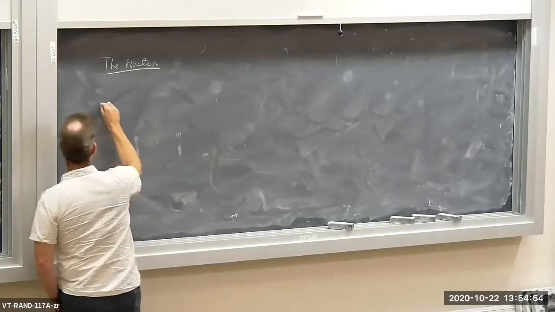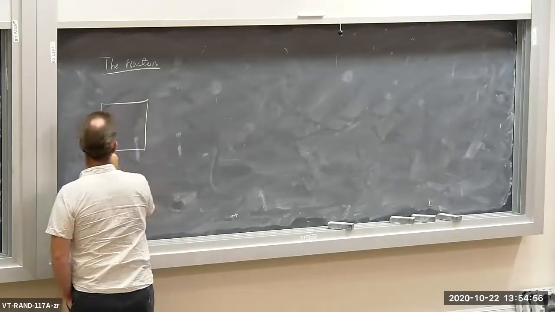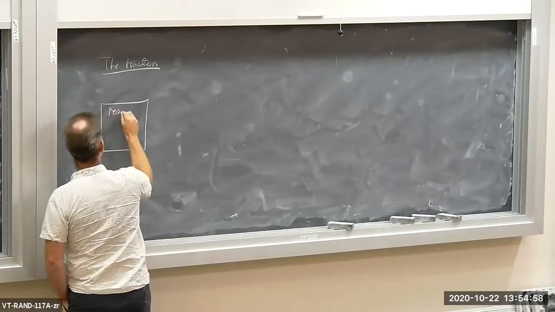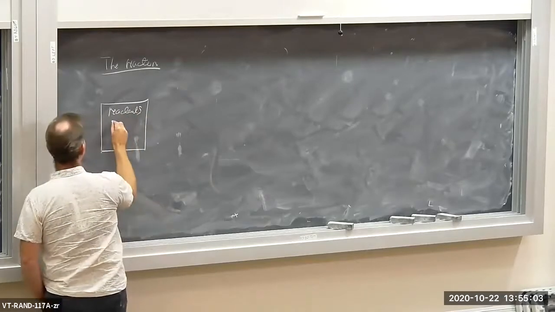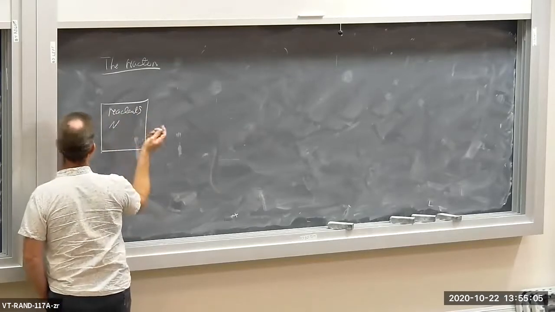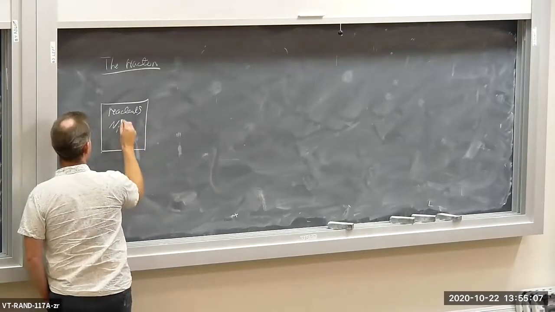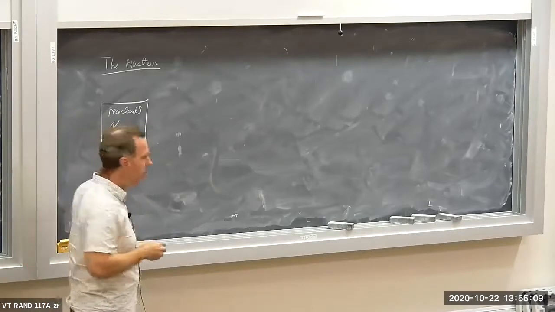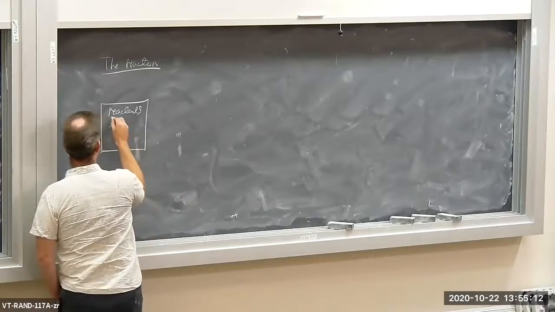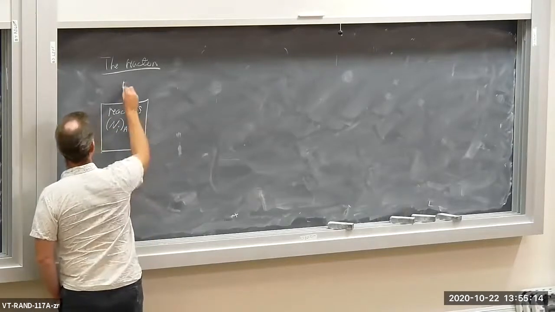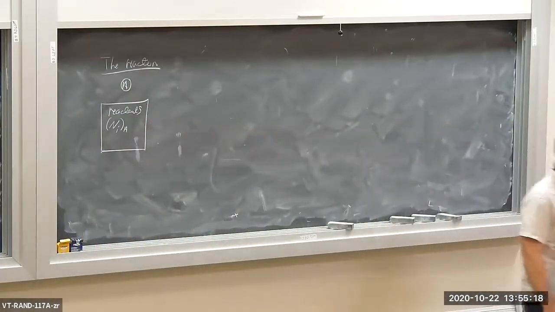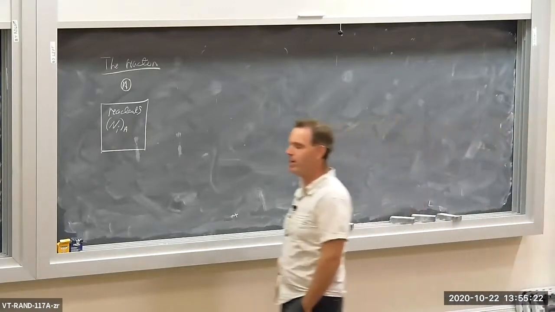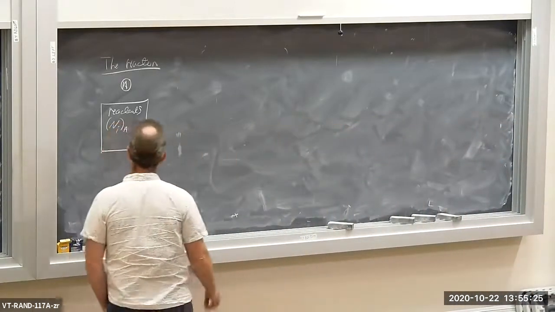So let's say we have a container of reactants. Initially we have the number of moles of some chemical at state A. State A is the reactant mixture before the chemistry, before the reaction has occurred.